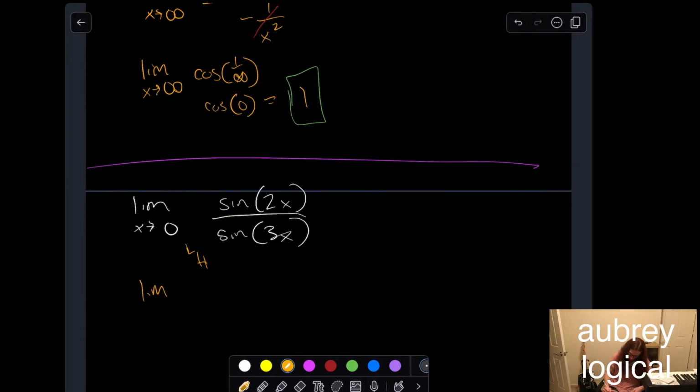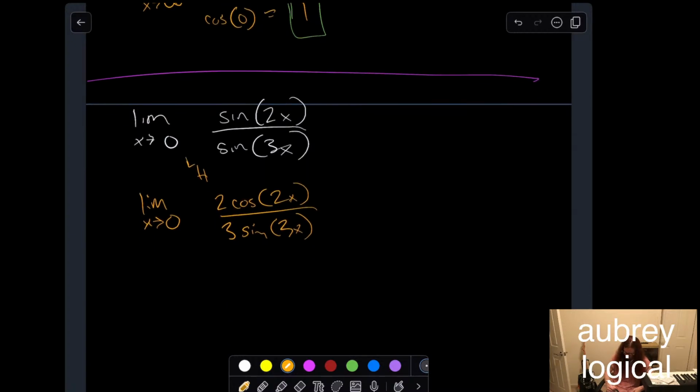So the derivative of sine of 2x is going to become 2 times the cosine of 2x, and sine of 3x is going to become 3 times the cosine of 3x. Oh yeah, I guess we don't have to rewrite it, because we can just plug it in.